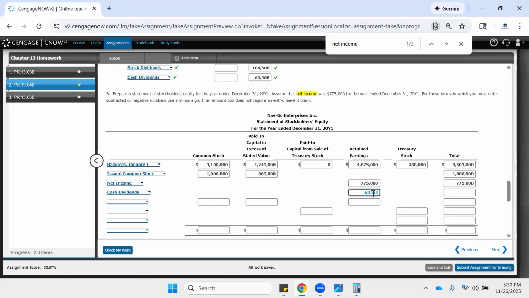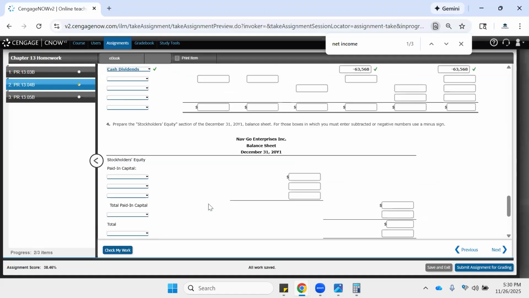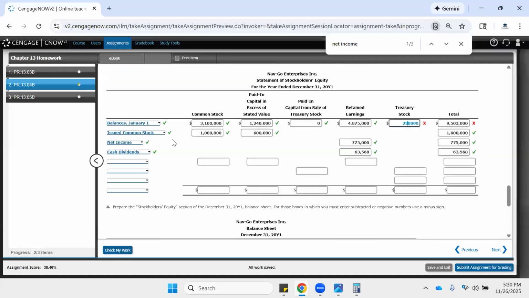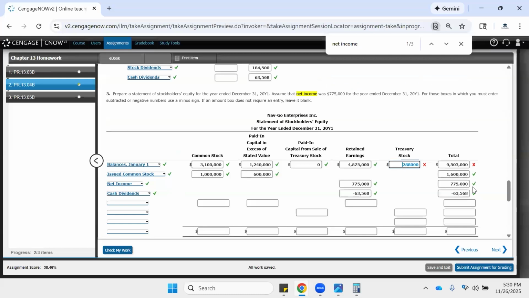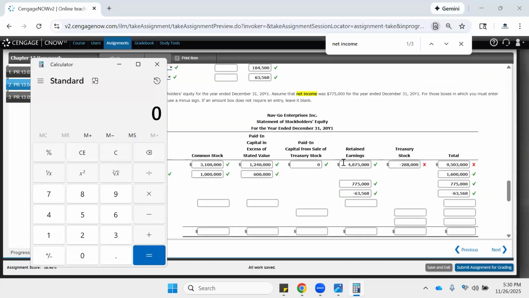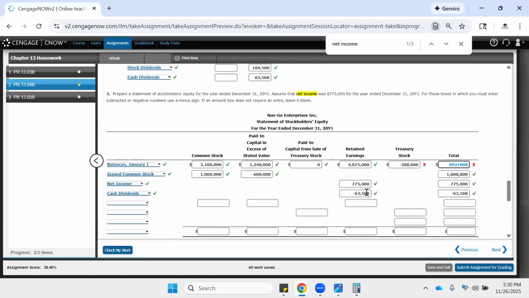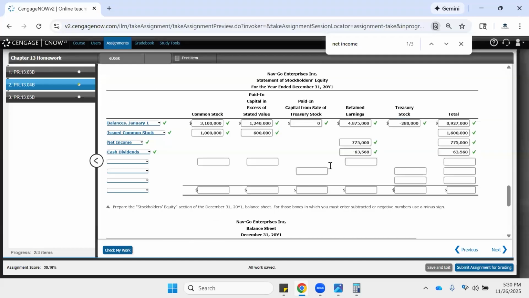And also note that for numbers that are subtracted, use a minus sign. And that also includes treasury stock. Perfect. Okay.